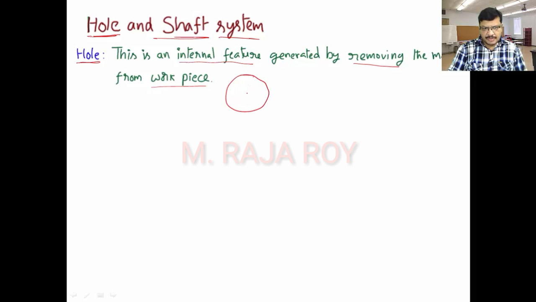If I start removing the material like this, at one point of time I will stop, then this particular solid rod will become a hollow rod like this. This is the outer diameter, this is the inner diameter. This is called a hole.